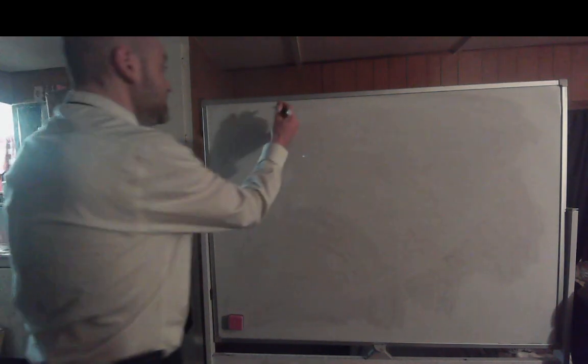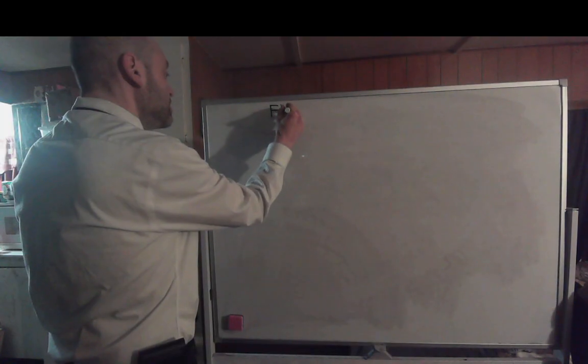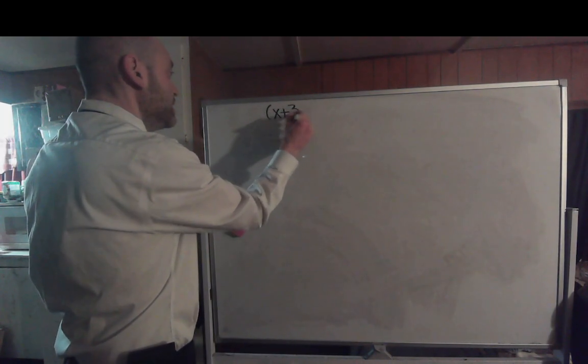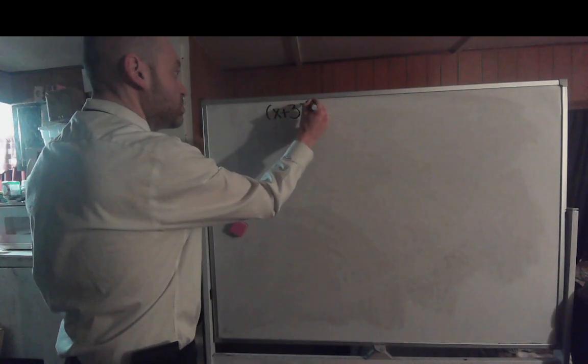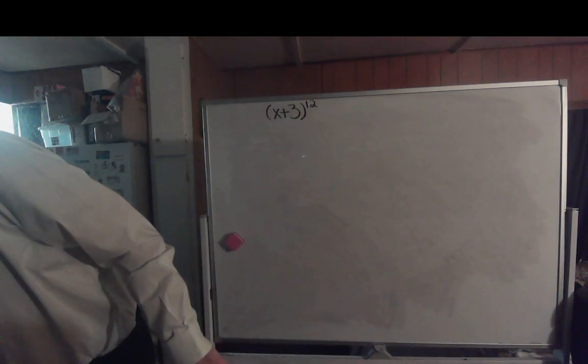But let's see. So here's our goal. We're going to be given a binomial. Let's say I give you (x + 3), that quantity, and we're going to raise it to the 12th power.